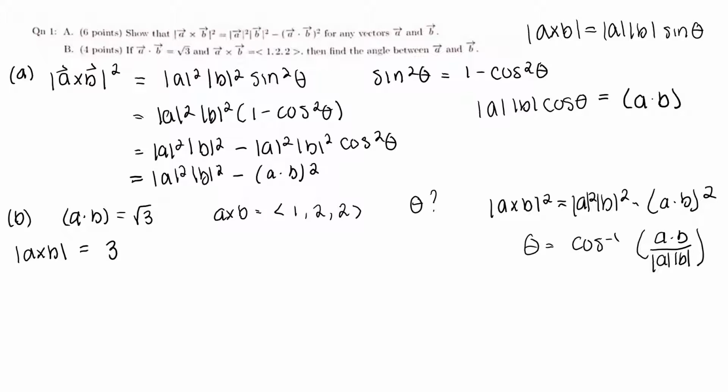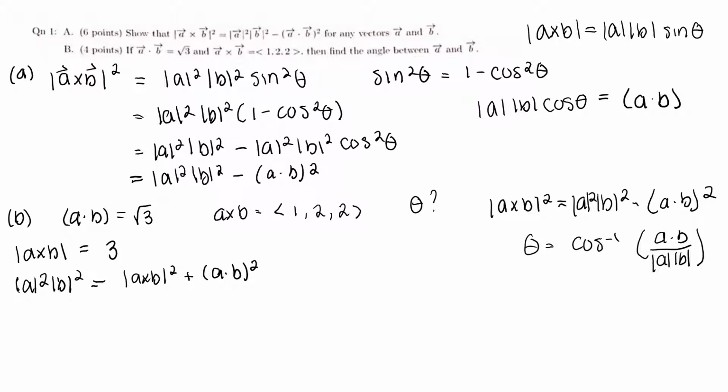So rearranging this first equation, we can get that the magnitude of a squared times the magnitude of b squared equals the magnitude of a cross b squared plus a dot b squared.